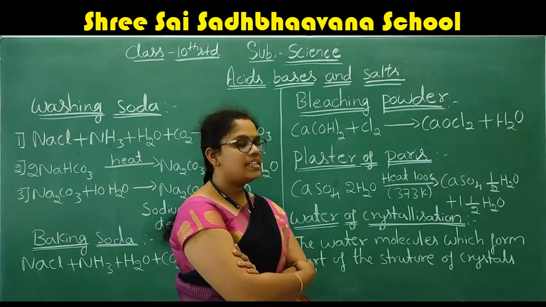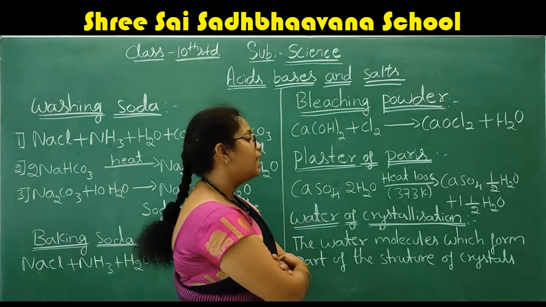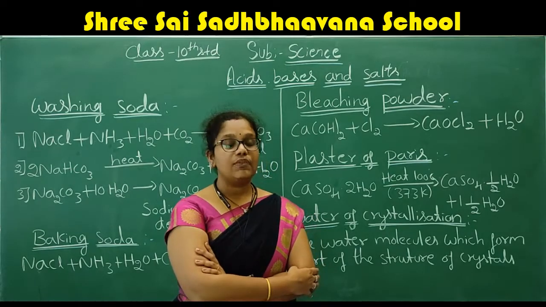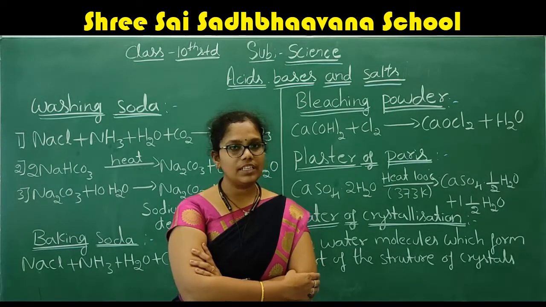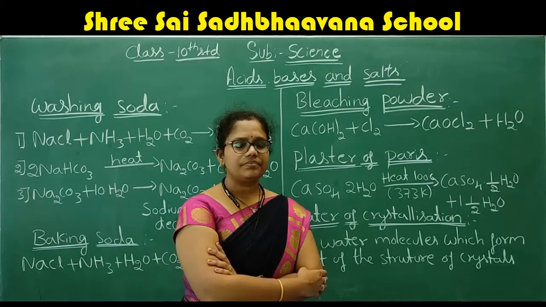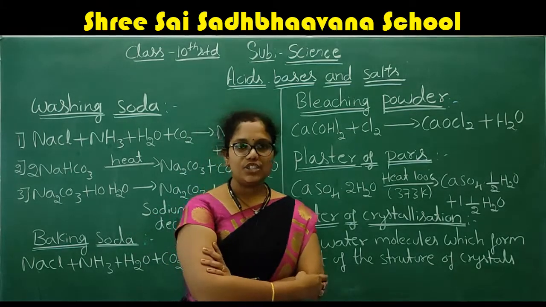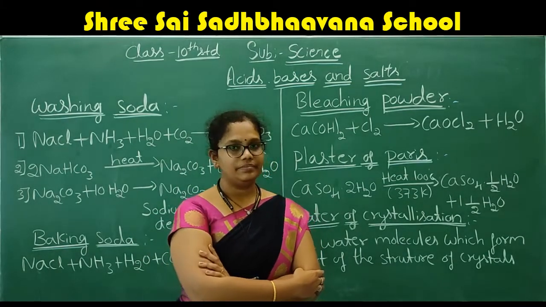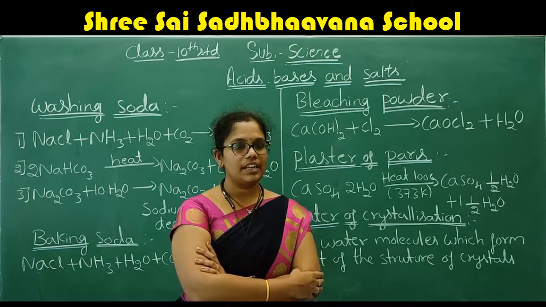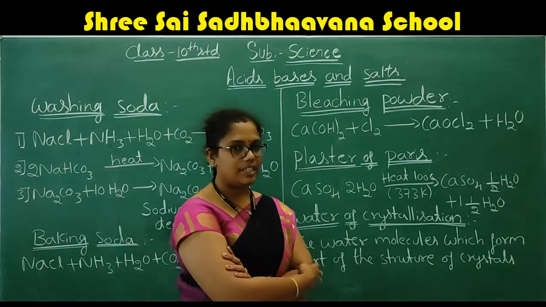Ca represents calcium, O represents oxy, and Cl2 represents chlorine. Therefore, the full name is calcium oxychloride. The formula of the bleaching powder is calcium oxychloride. How are we going to prepare it?